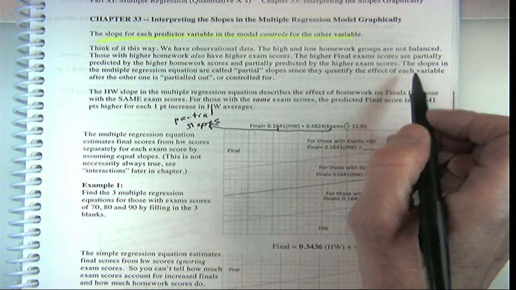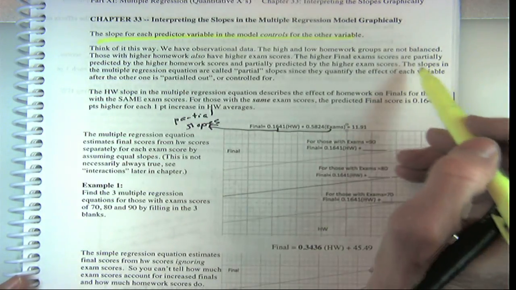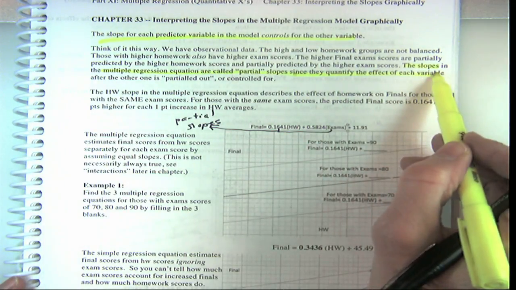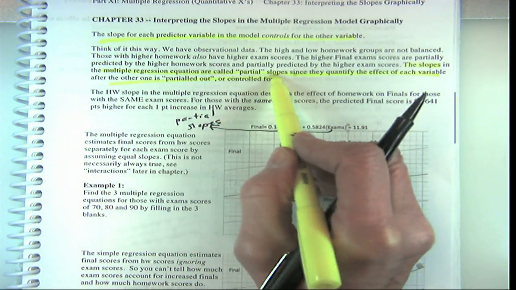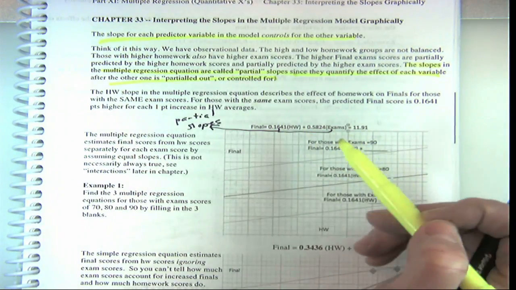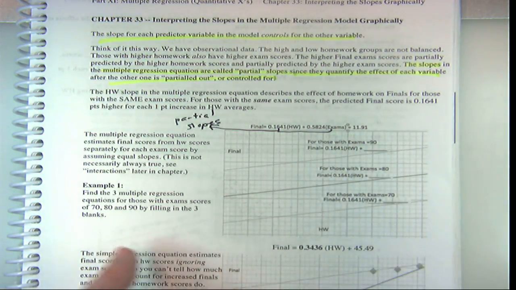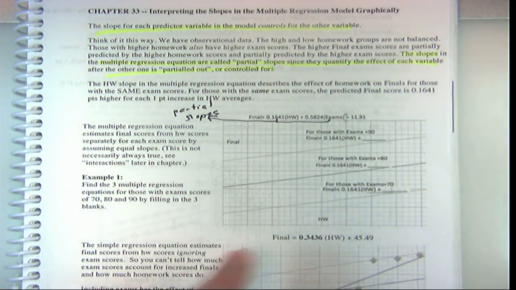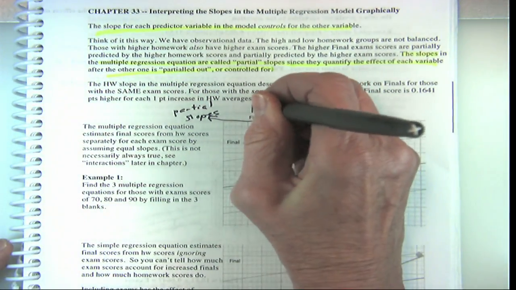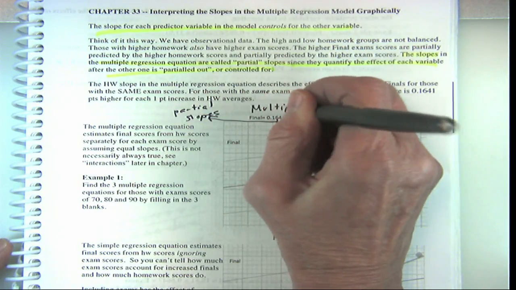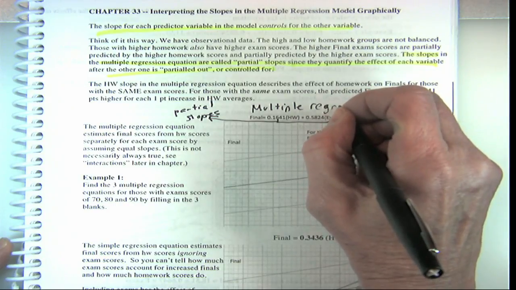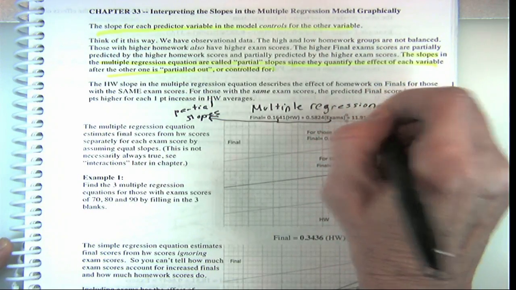It means that the slopes in multiple regression are called partial slopes because they quantify the effect of each variable after the other one is controlled for, partialed out. And that's why they are different. This is a multiple regression equation because it has two predictor variables, two x's predicting one y.